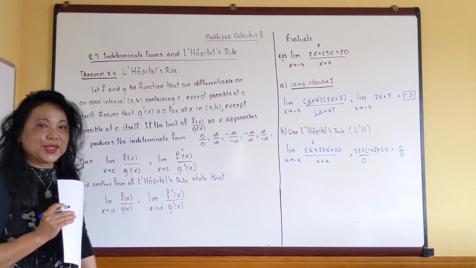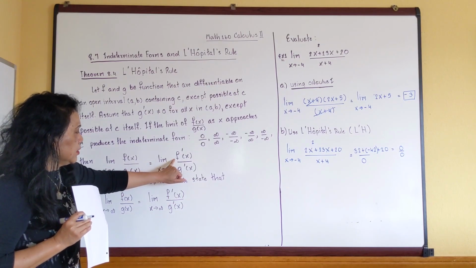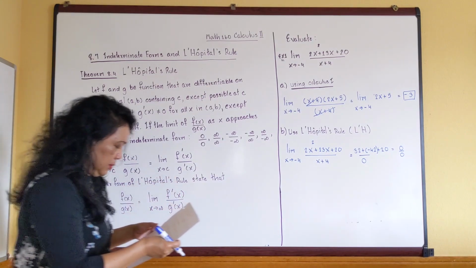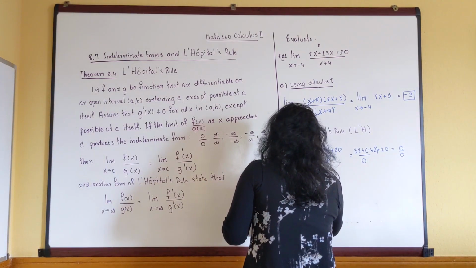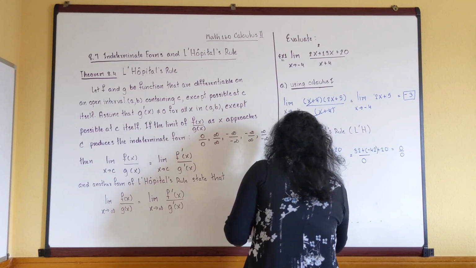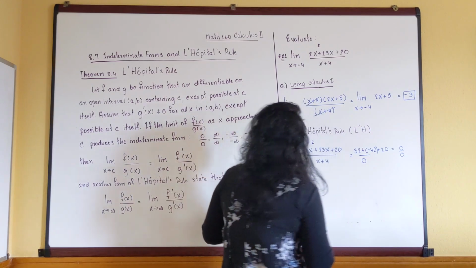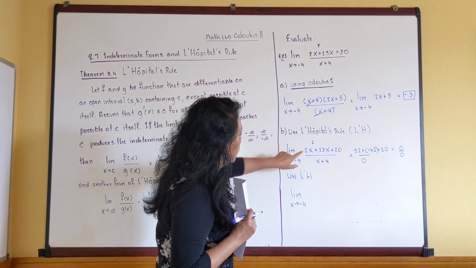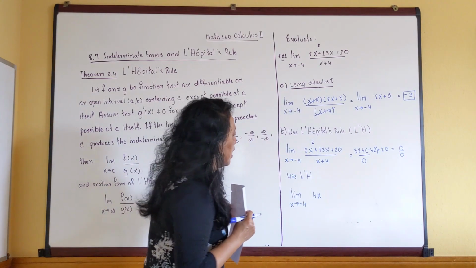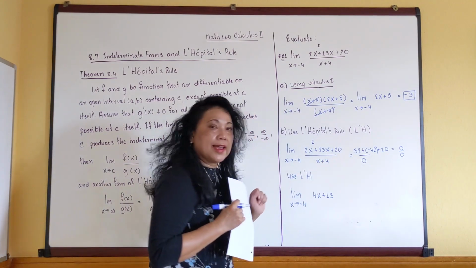Alright, next I'm going to use the L'Hopital rule, which means that I can take the derivative of the numerator and then the derivative of the denominator. If I take a derivative here, the derivative of 2x squared is 4x. The derivative of 13x is 13. The derivative of a constant is 0.